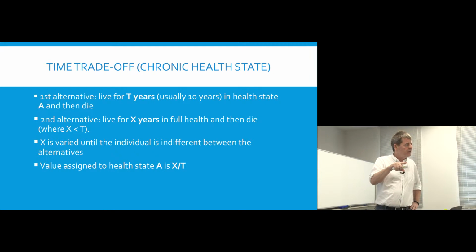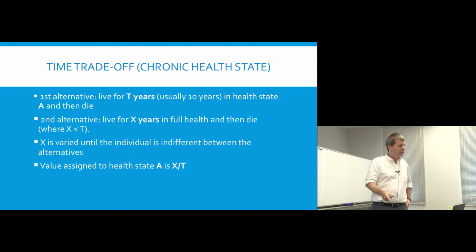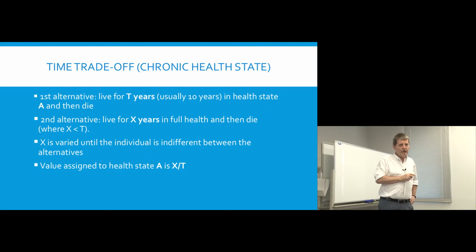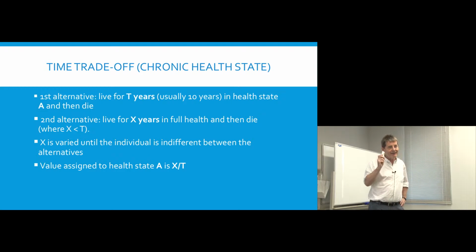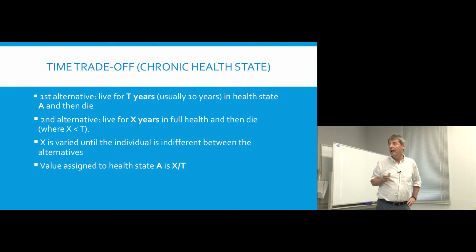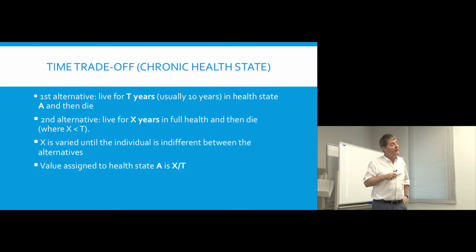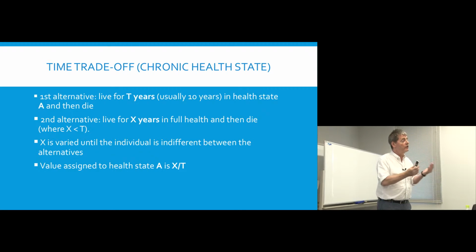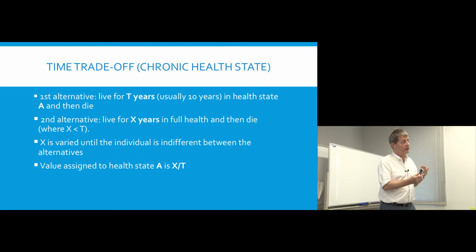Live for 10 years, and then they're going to die. In the second alternative, the individual is going to live for some number, X years, in full health, and then they're going to die. And so the individual respondent is asked to choose between these two alternatives.